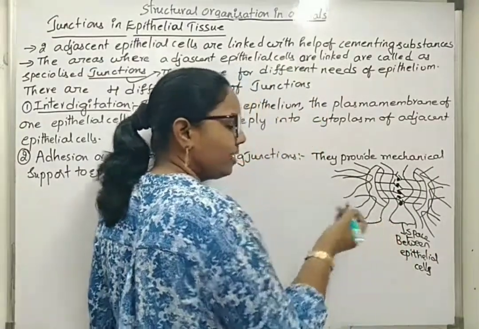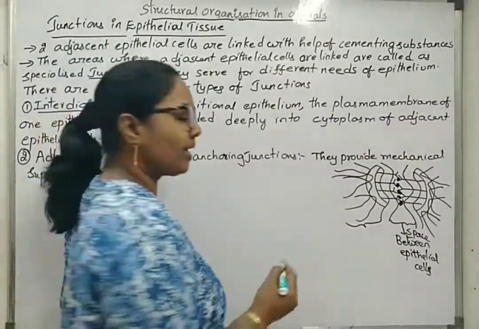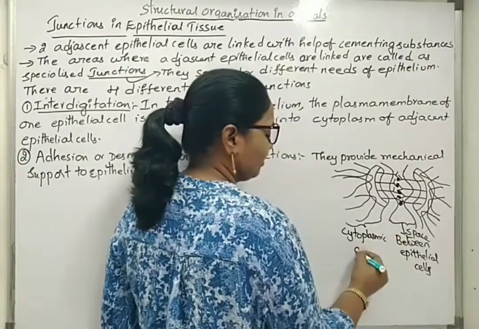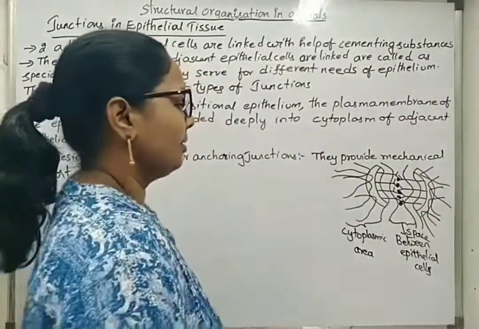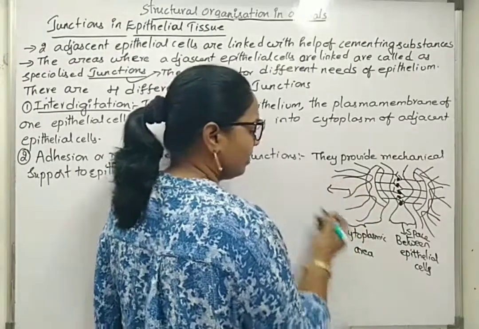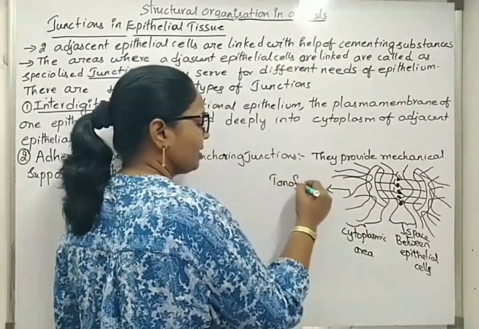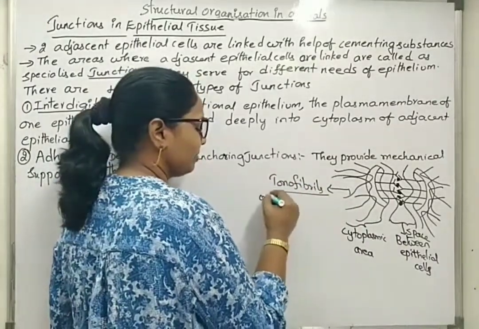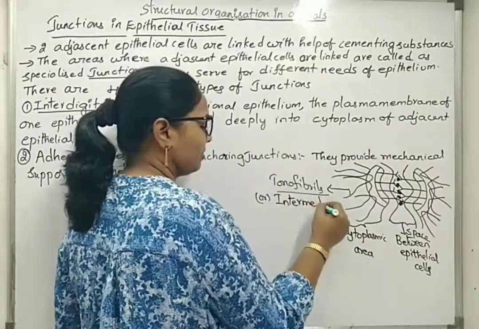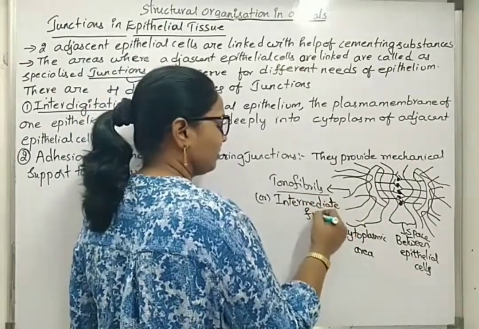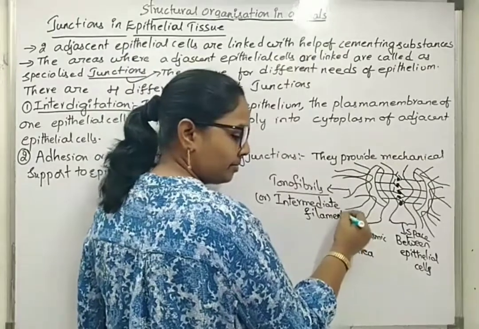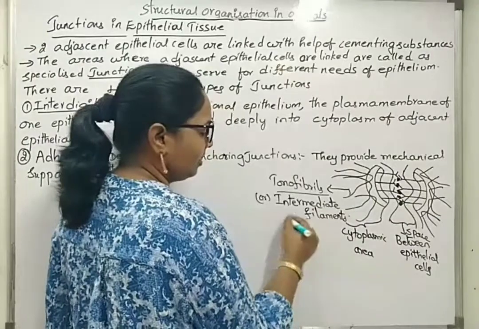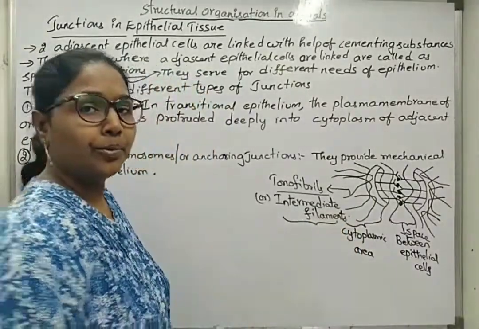This area is within the cell, means the cytoplasmic area. These are called tonofibrils or intermediate filaments. These are made up of keratin protein.